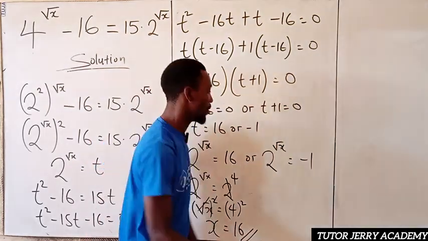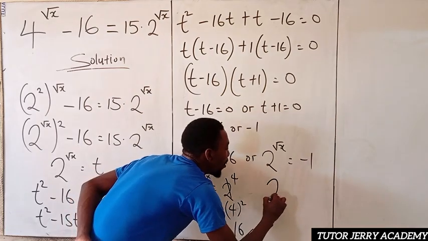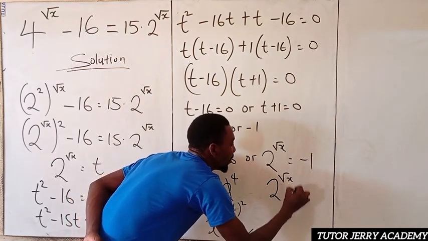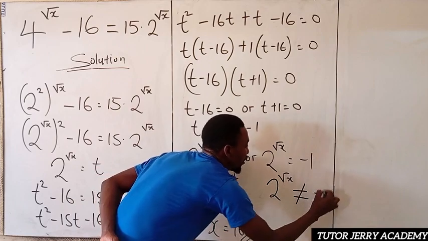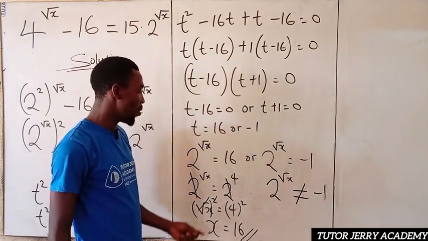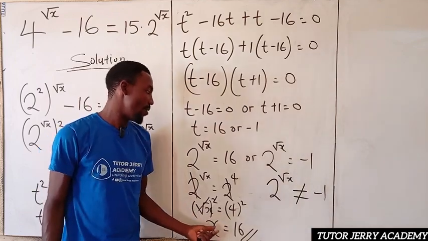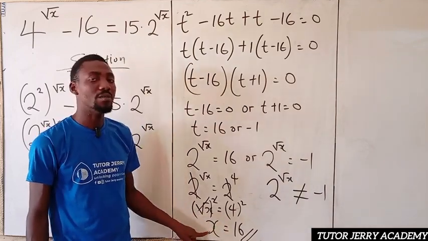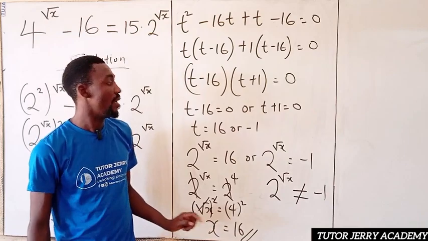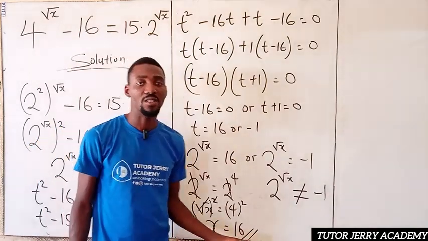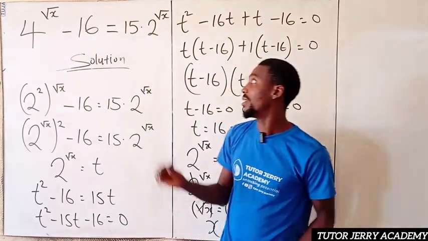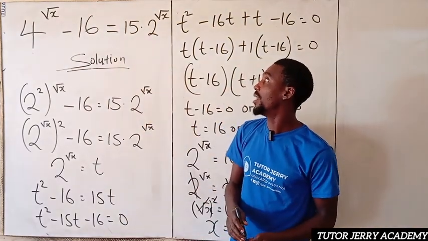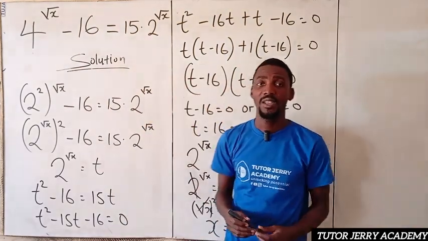So we are going to say that 2 to the power of root s is not equal to negative 1. So the only true value for our s here is nothing but 16. So you can decide to test that, and you will see you are going to have the same result.